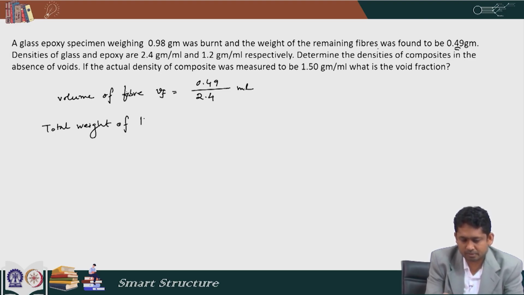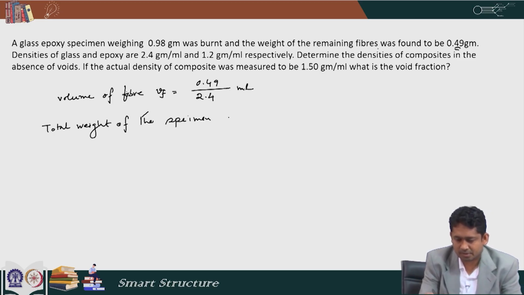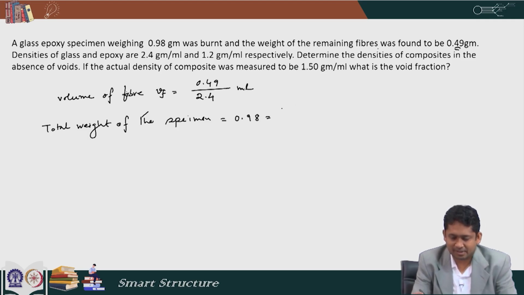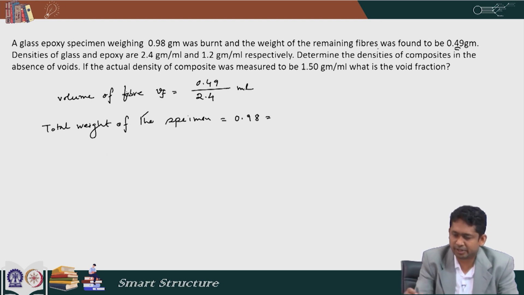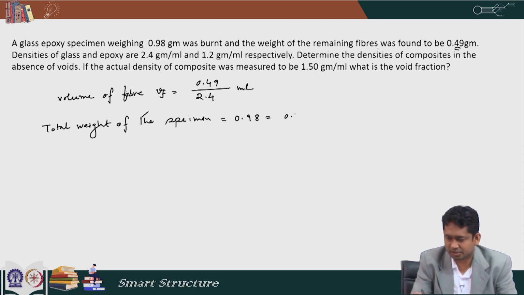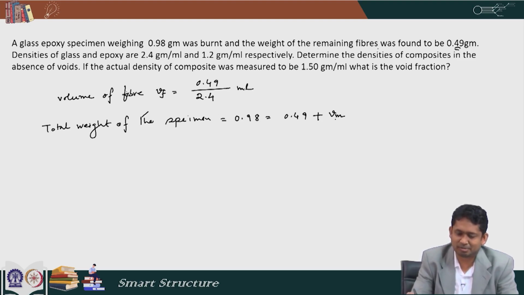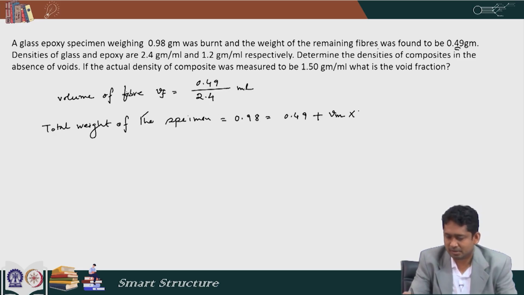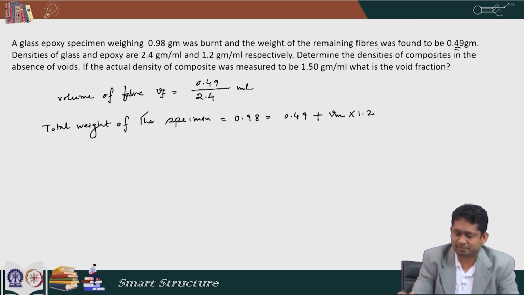So, total weight of the specimen is equal to 0.98 gram, and that we can find out by, we already know the weight of the fiber, which is 0.49 gram, plus the volume of the matrix in milliliter multiplied with the density of the matrix.